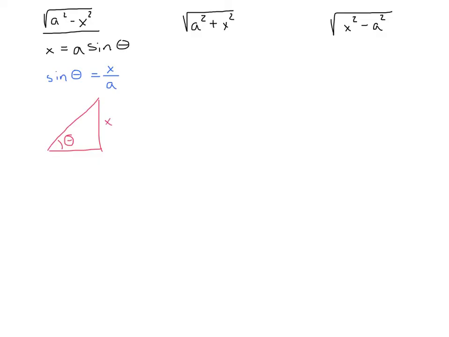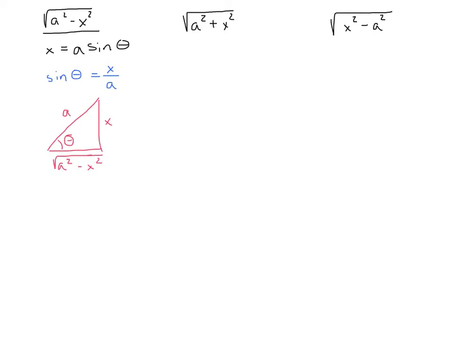Opposite is x over hypotenuse of a. Then the other leg, if we solve for it using Pythagorean Theorem, then it would be the square root of a squared minus x squared. And just notice that that root matches the root we started with.